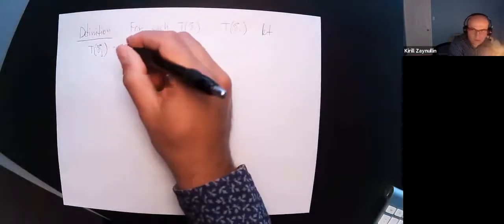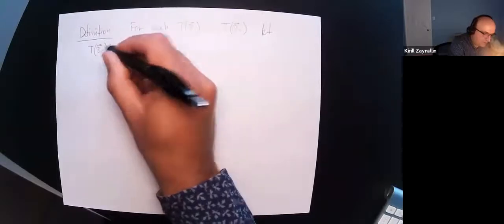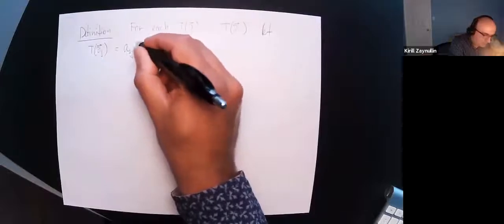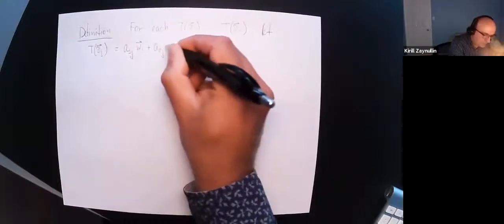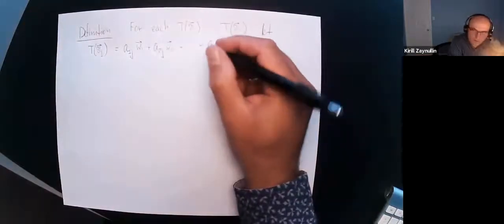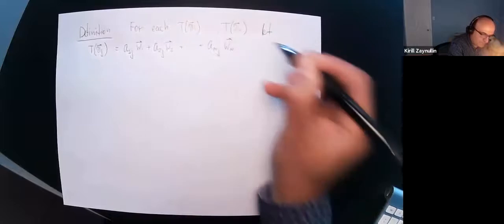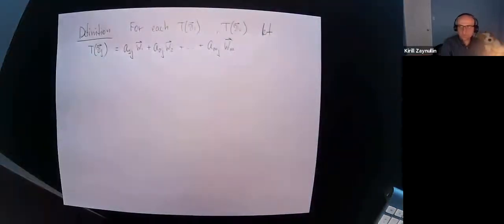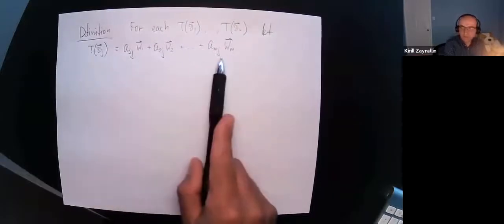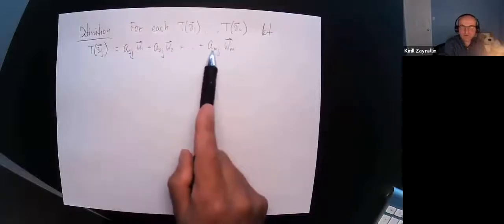Let me denote it like this. I use a double index, where j reflects that we apply it to this vector vj. So a1j of w1 plus a2j of w2 and so on, amj of wm. So again, for each of those values, we express it in terms of the basis beta, and we call the respective coefficients a1j, a2j, and so on, amj.